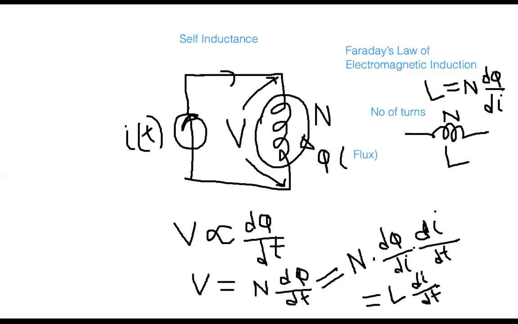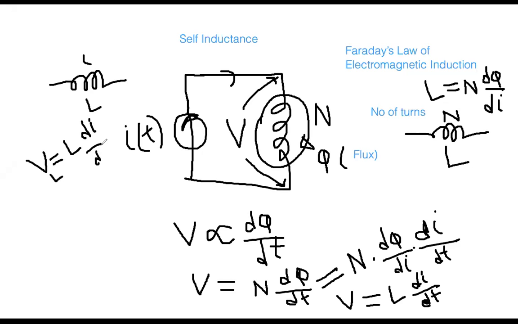And now you come back. So this means we got V equal to L di by dt. Now come back to your DC circuit knowledge. What is the voltage expression of V, if you know the current is flowing and L is the inductance? That was V equal to L di by dt, like you learned, VL is L di by dt.